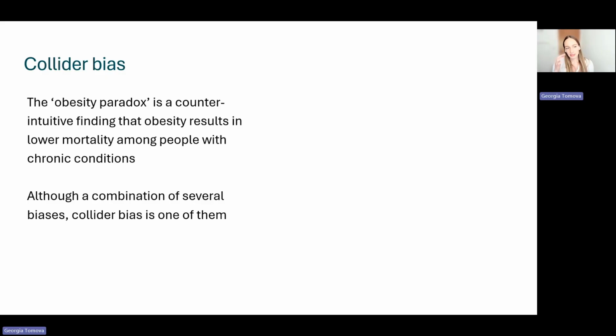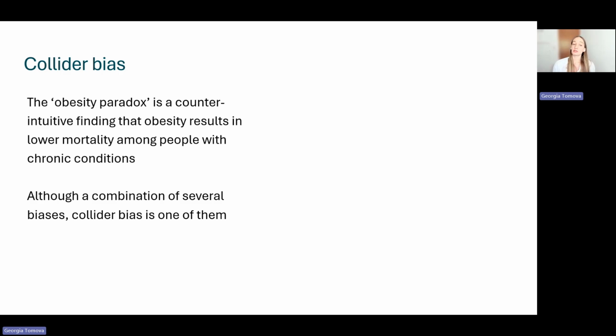So some of you here might have heard of what's known as the obesity paradox. The obesity paradox refers to the finding that obesity is observed to result in lower mortality among people with chronic conditions.